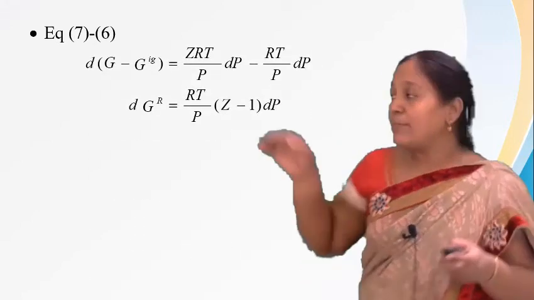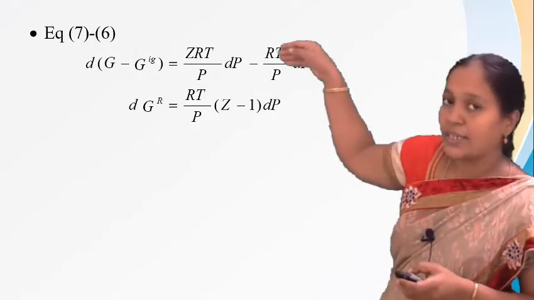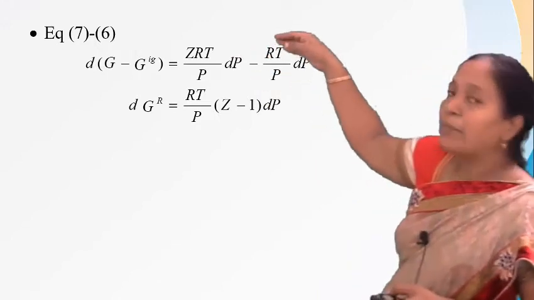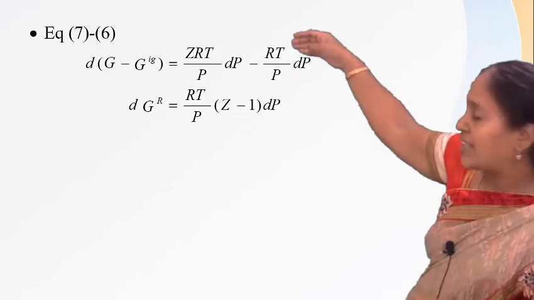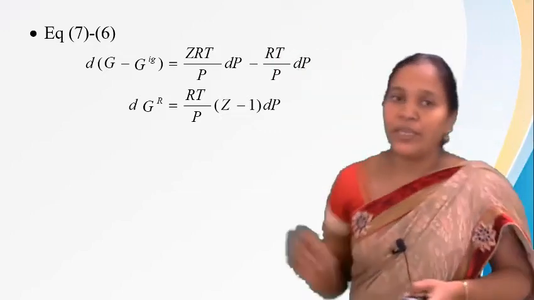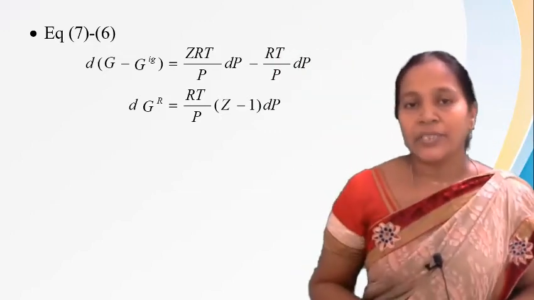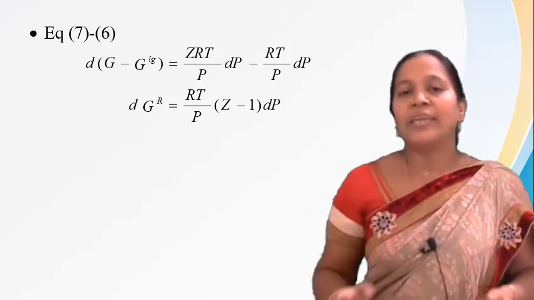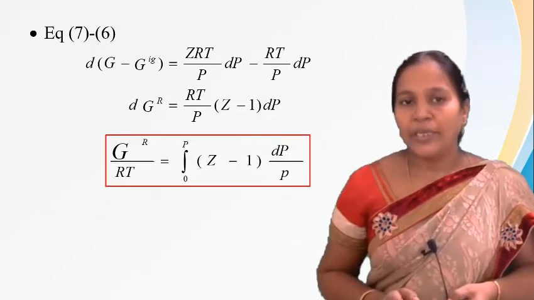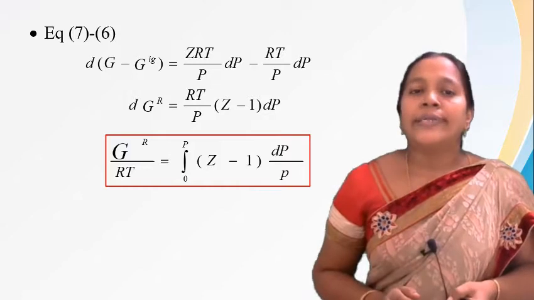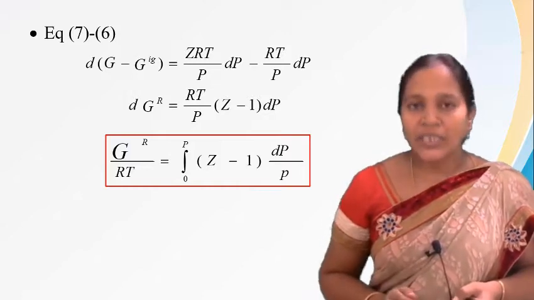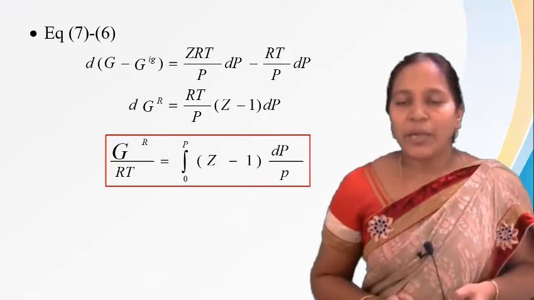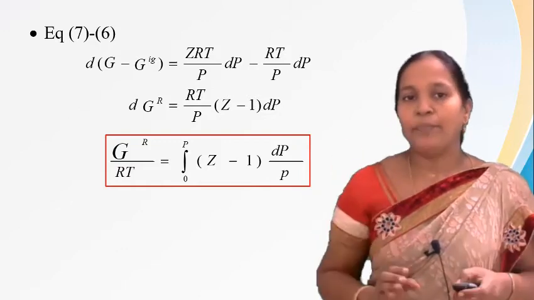Therefore, d(G minus G^ig) is equal to ZRT by P dP minus RT by P dP. dG^R is equal to RT by P into (Z minus 1) dP.